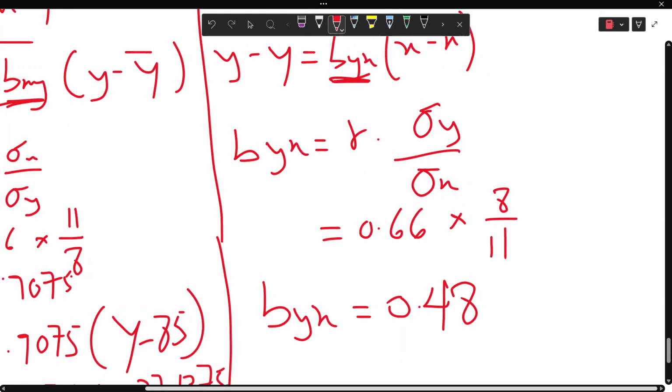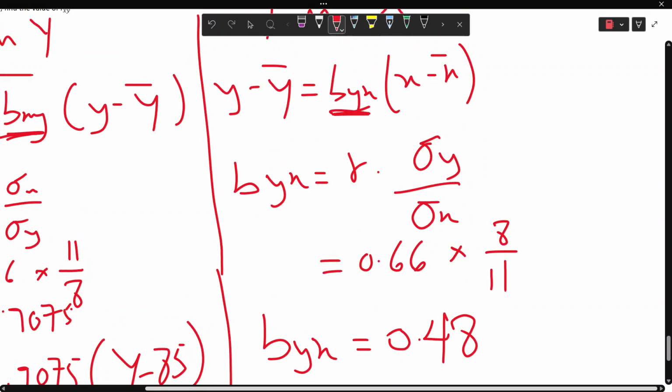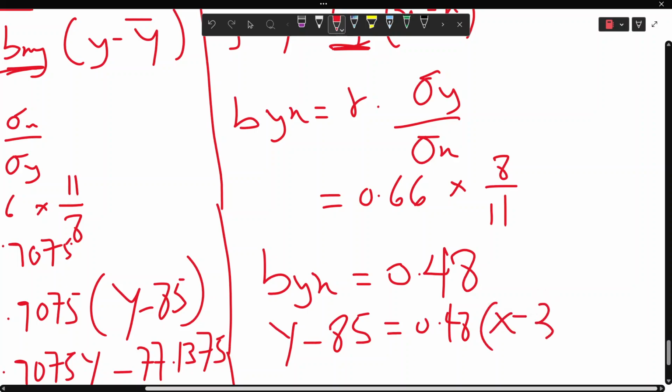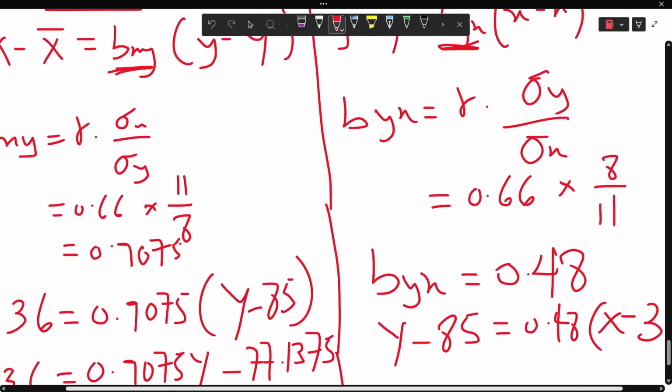Let's go ahead and find the regression equation y on x. So your y minus the mean of y, which was 85, equals b, the regression coefficient, times x minus the mean of x, which was 36.